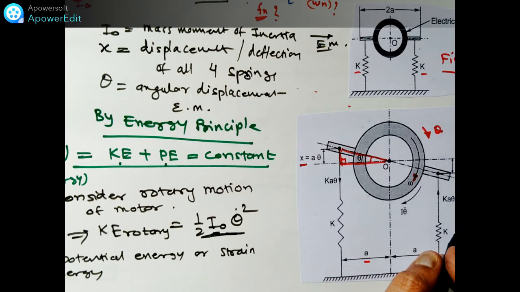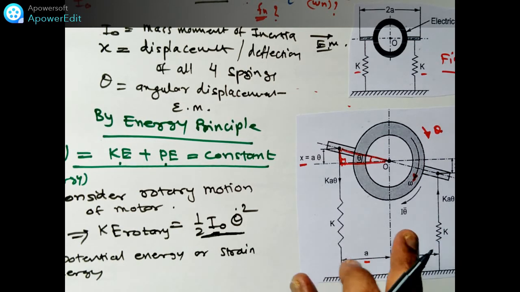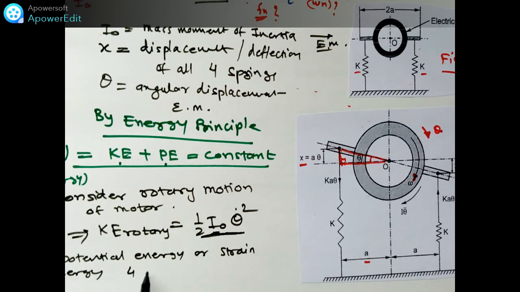Due to the spring, the energy is stored inside the spring, and four springs are there. So the PE, or we can say the strain energy SE, is equal to 4 times half into kx square.